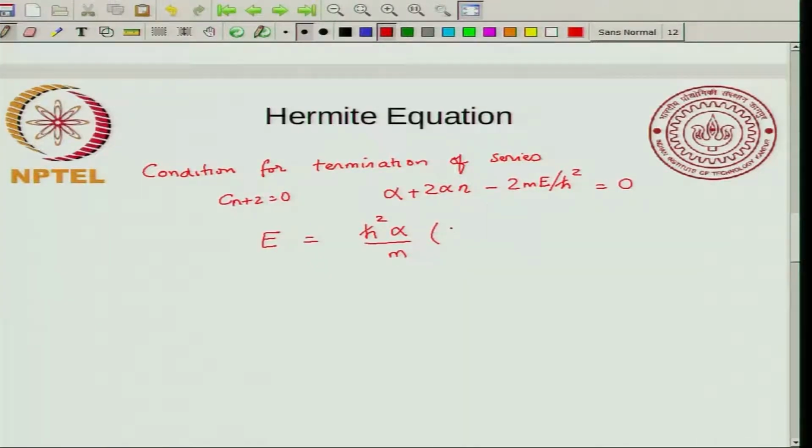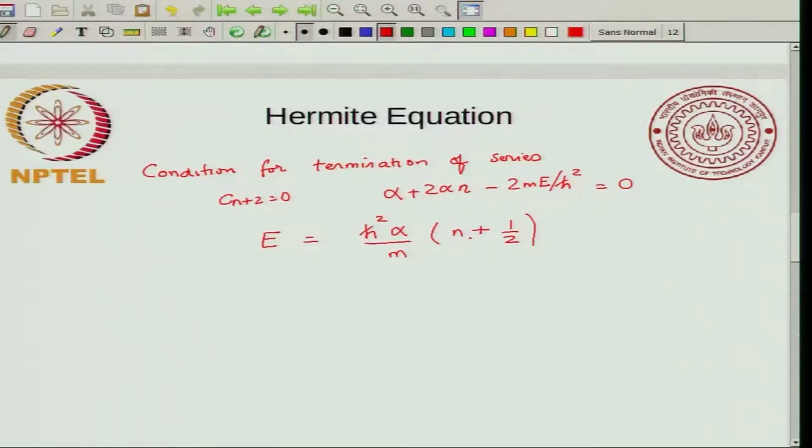Then if I divide by 2, what I will get is (n + half). So I will get it in this form. Now what we said is that the series terminates at n. So this is the condition for the series to terminate at n.